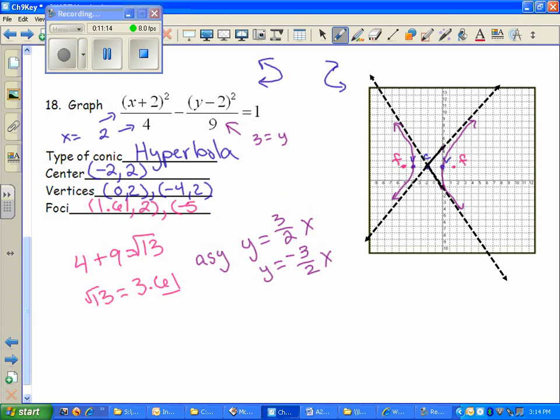So -5.61, comma 2. The other way to do that is to go from the center and look at, we know that we're changing the x value. From this -2 value, we need to add 3.61 to get the 1.61. And we need to subtract 3.61 from -2 to get the -5.61 for the other point. So you can either do that graphically or you can use the point here and add and subtract that value.